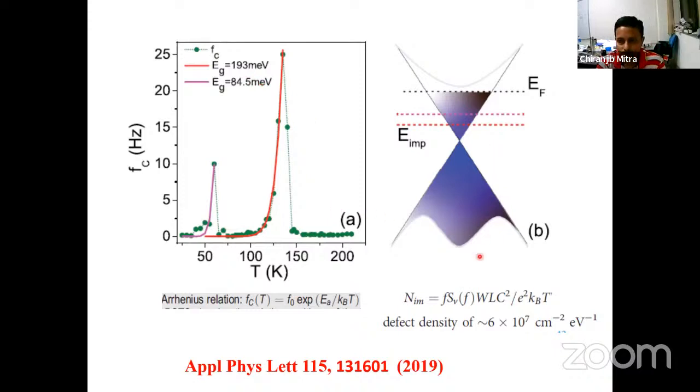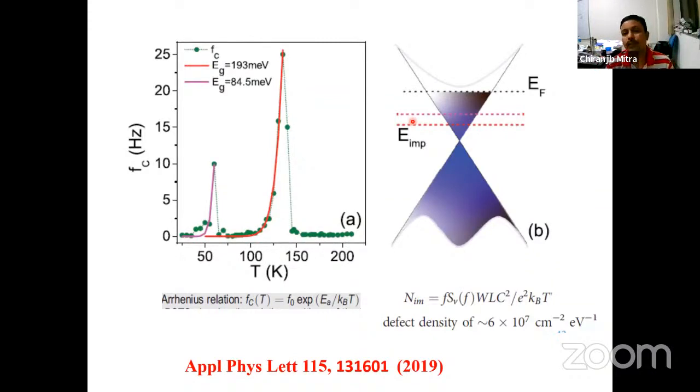When we plug it back into the band diagram, they are basically somewhere here. There are two levels here, and the Fermi level lies here. These are the two defect centers, and the noise measurements are consistent with the previous analysis where we just fitted the activated behavior of resistance.